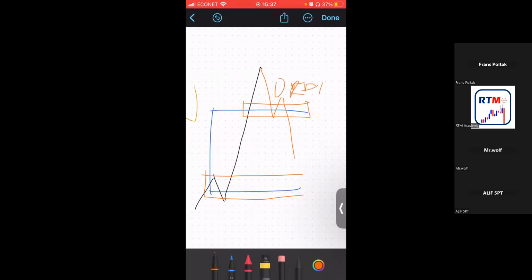So that's where price made a decision to hit this target, right? After price hits this target, price is, let me do this. Let me do this so that it all makes sense.